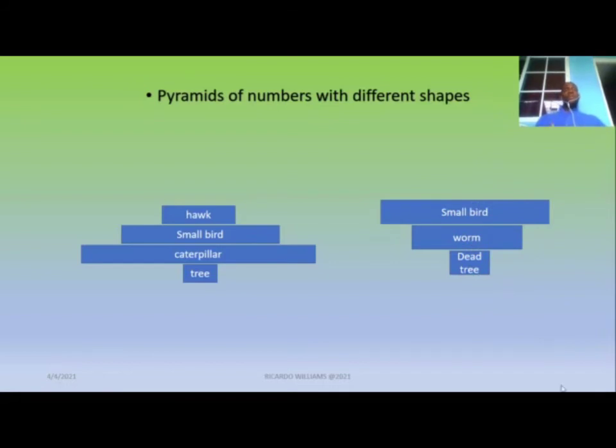So I want you to get this: the number pyramid is not a fixed shape. It is showing the relationship in terms of numbers at each trophic level. So you have to pay close attention to the representation that you give to the producers, primary consumers, secondary consumers, and tertiary consumers, depending on the food chain.